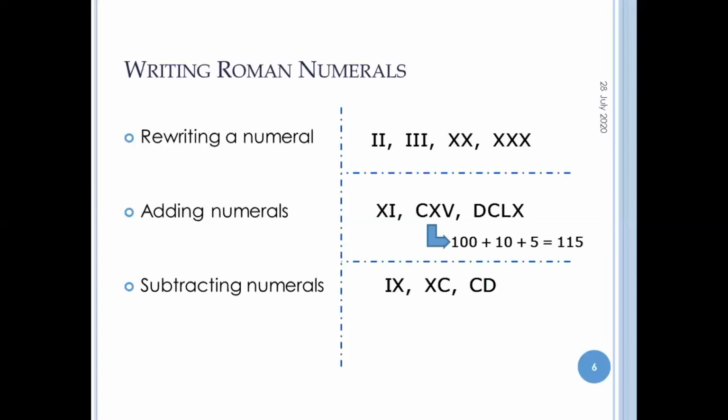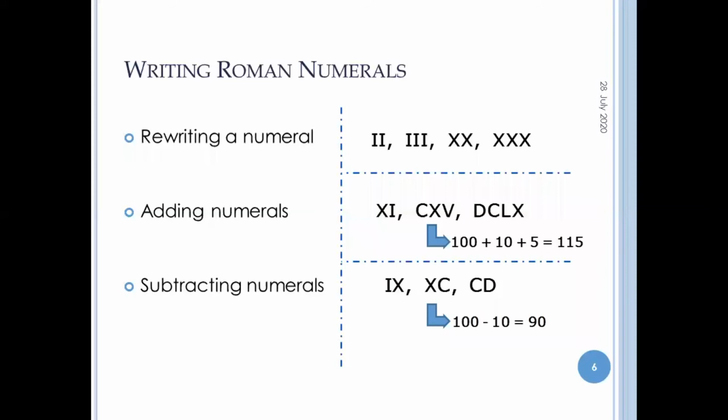Like in the case of the numbers 9, 90, and 400, herein we see that X was written before C to give us 90, meaning that 10 was subtracted from 100 to get 90. Likewise, C is written on the left side of D to give us 400, meaning that 100 is subtracted from 500 to give us 400.